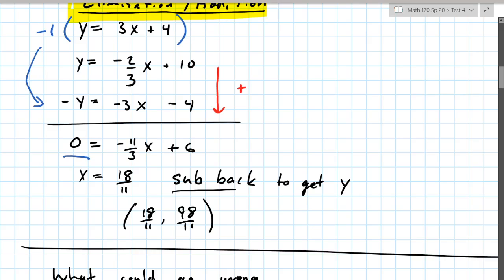We can add the 11/3 x to both sides and then multiply by the reciprocal, and we again get x is equal to 18/11. Now that we have x is equal to 18/11, we can substitute it back into our original equation in order to get my y.